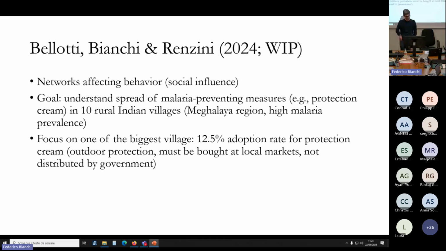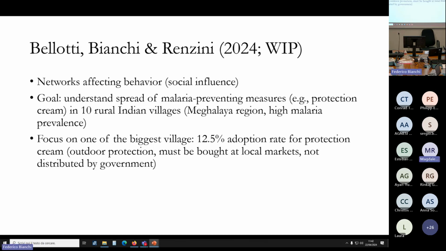In particular, the idea is to study the adoption of this protection cream, because the Indian government has been able to reach high adoption rates of in-house anti-malaria measures, for instance bed nets or any type of anti-malaria measure that you can use in your own house. But here people mostly live outside, and in particular males commute across villages to work in agriculture, in rice cultivation, and exactly there they get bitten.